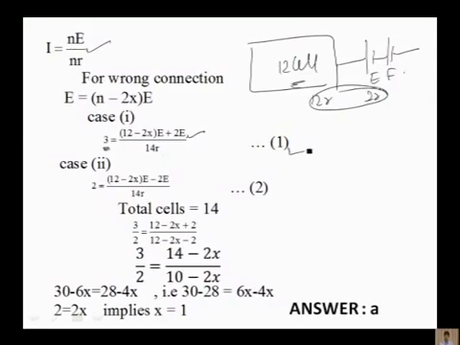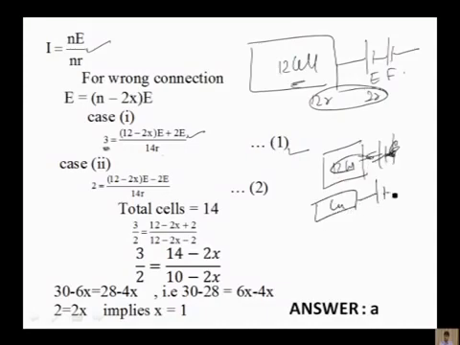Similarly, the connection for this battery, this is the 12 cell battery. The connection is wrongly connected like this. This is positive, again like this, this is E, this is E. Now we are going to have the equation like this.